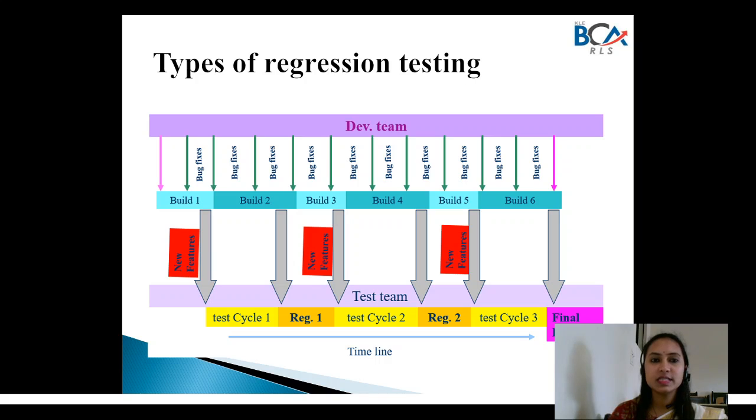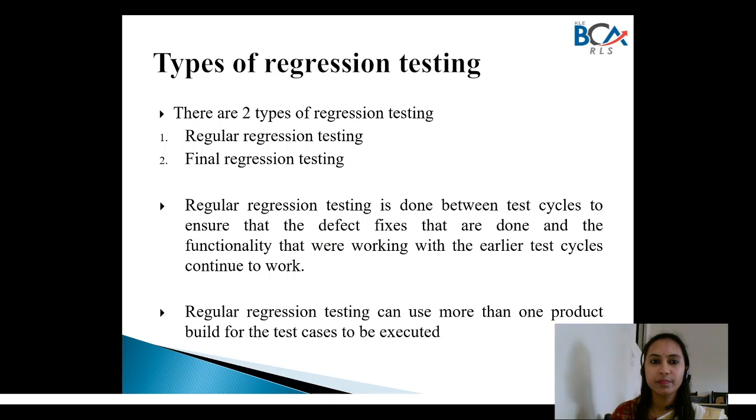Let us see these types in detail. Basically there are 2 types, regular regression and final regression. Regular regression is done between the cycles, as seen in the diagram on the previous slide.